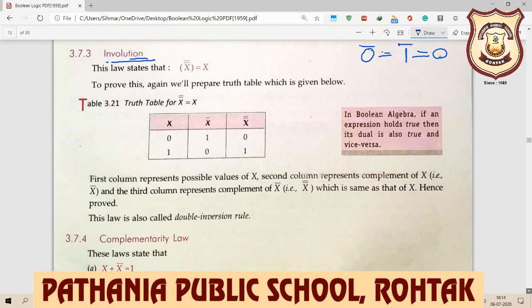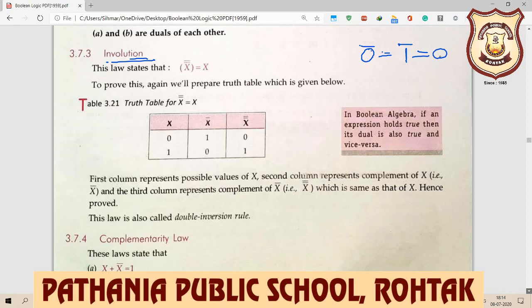So this is your involution law. In Boolean algebra, if an expression holds true, then its dual is also true and vice versa. So this is the truth table for this law.